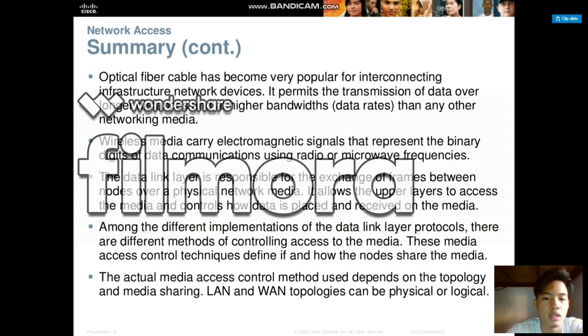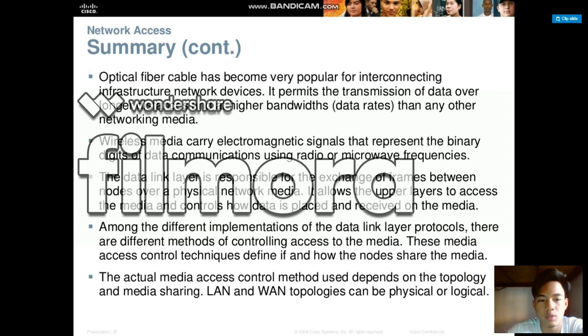Wireless media carry electromagnetic signals that represent the binary digits of data communication using radio or microwave frequency. As for the wired media, the copper cable uses electric pulses, and for fiber cable we have light pulses.